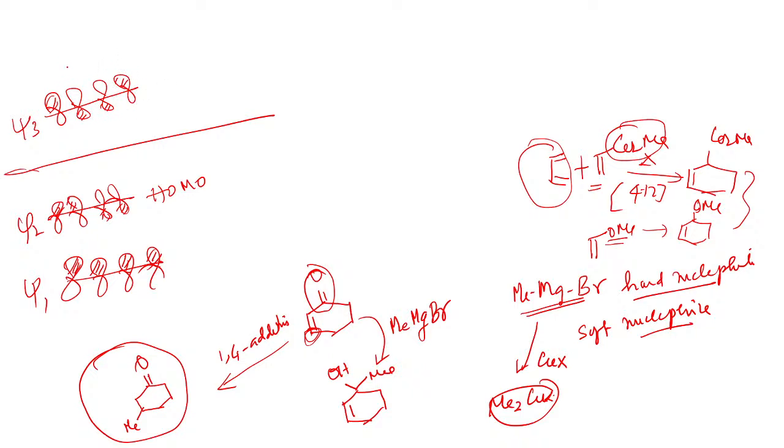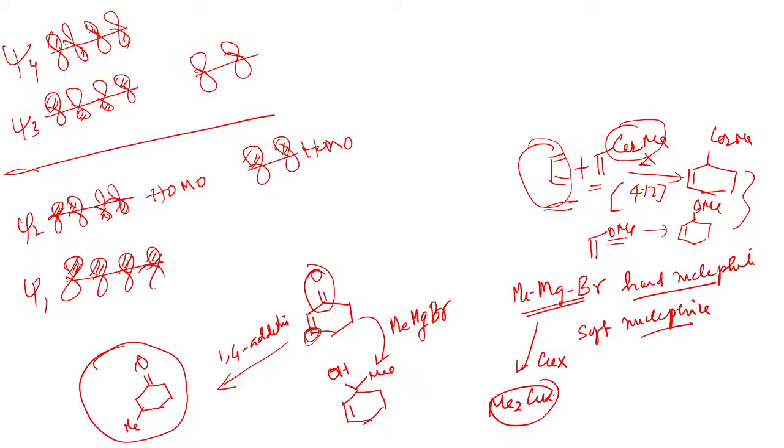So this is I3 and this is I4. If you see the energy level, this is a HOMO for the diene, and similarly you can also try to write for the dienophile. This is a HOMO of the dienophile. This is LUMO of the dienophile. So the reaction takes place between these two orbitals.